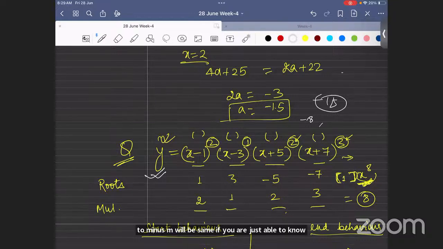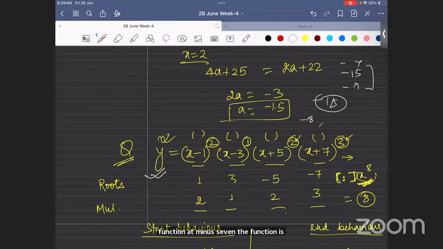Just check the values at minus infinite and -7. At -7, the function is 0, and at minus infinity, the function is positive infinite. So from positive infinite it's going to 0. That means the function is decreasing.